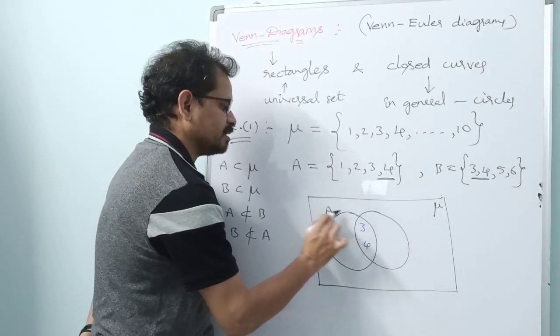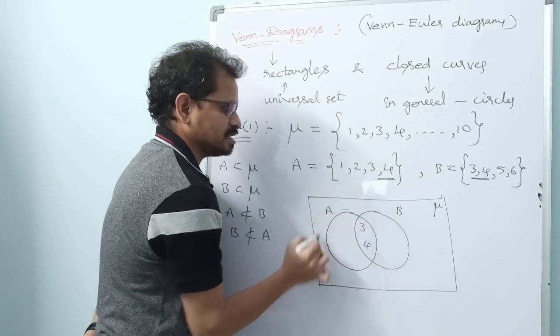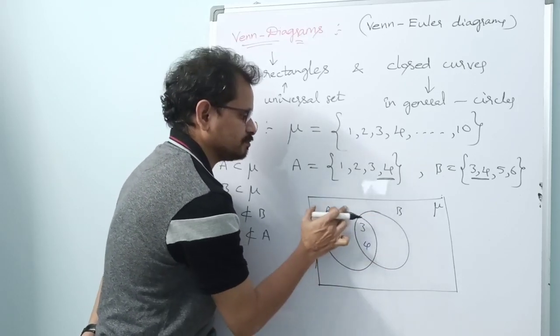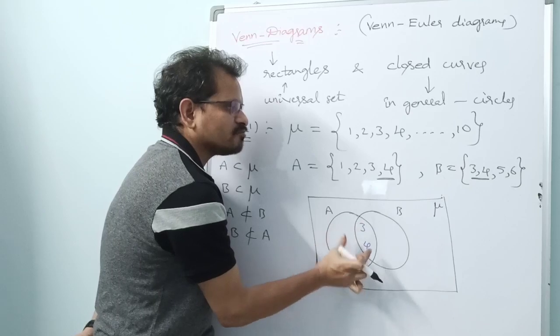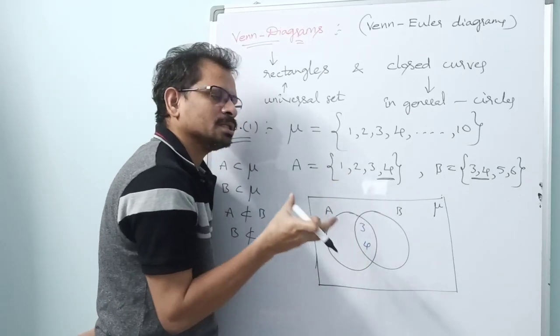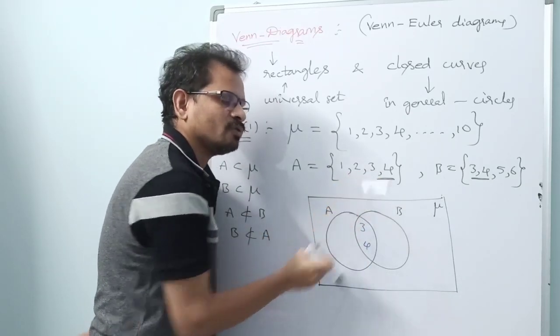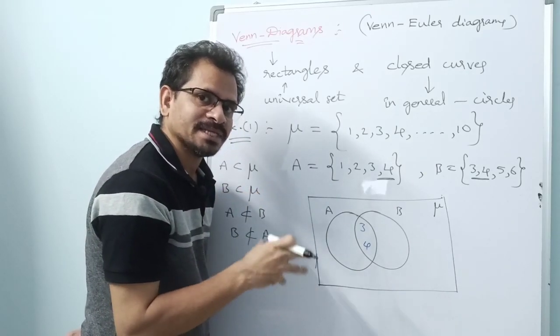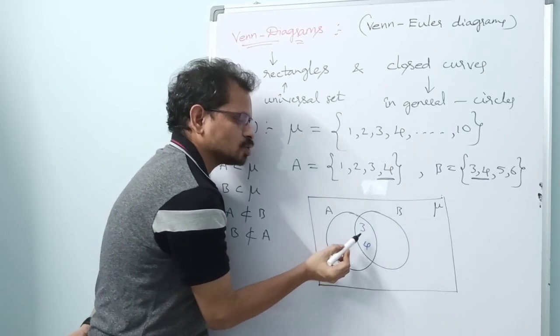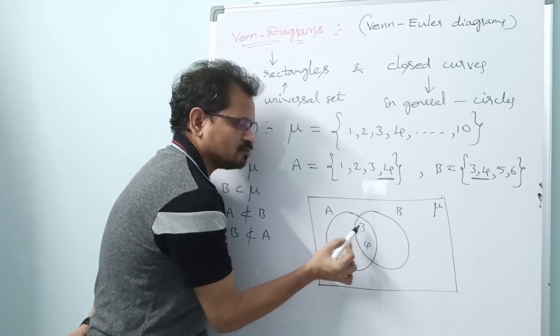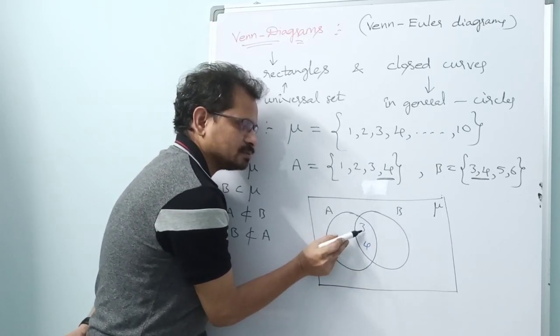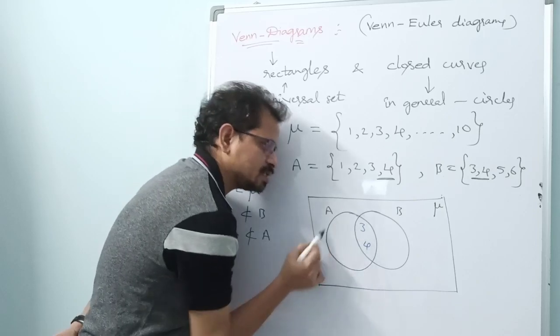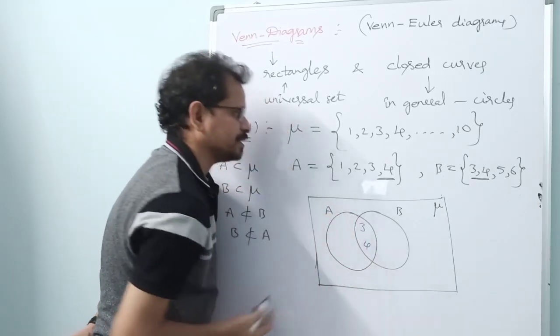This circle is set A, this circle is set B. So what is common for set A and set B? That means the two elements 3 and 4 are present in A as well as in B. So this is the common region for set A and set B. So 3 and 4 belong to set A and they belong to set B also, right?